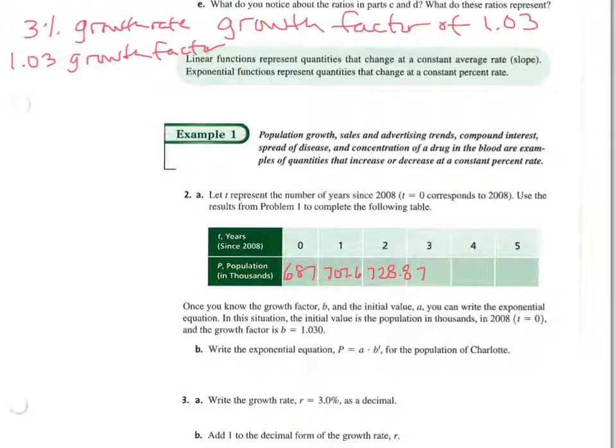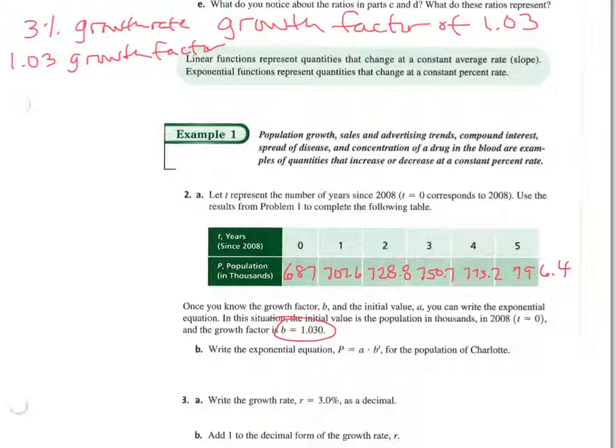and then if we keep going, timesing by 1.03, this is what we get. Just timesing each previous one by 1.03 to show that 3% increase. Okay, so we already came up with this a few steps earlier. We knew that from previous.